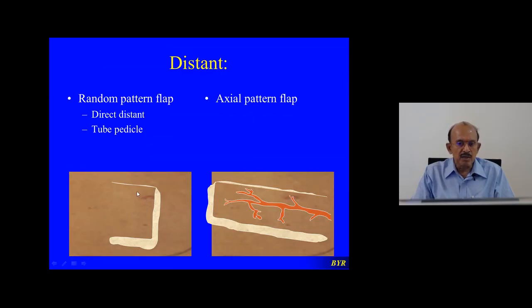Then there is another flap that is called the random pattern flap. Here there is no blood vessel, but what you do, you take a wide base and a short length. So you lift the flap and you can do the flap procedure.